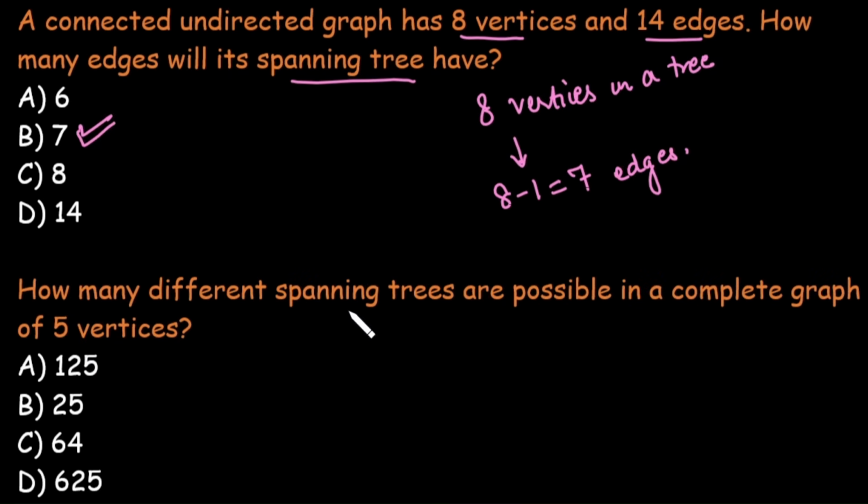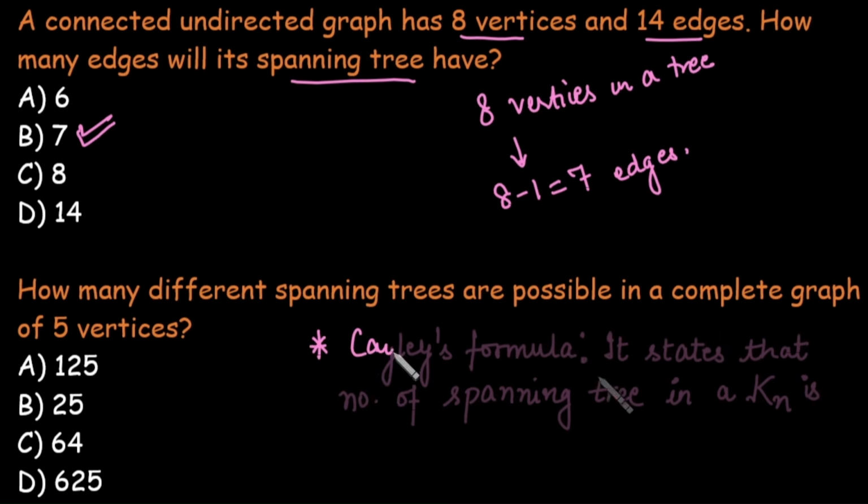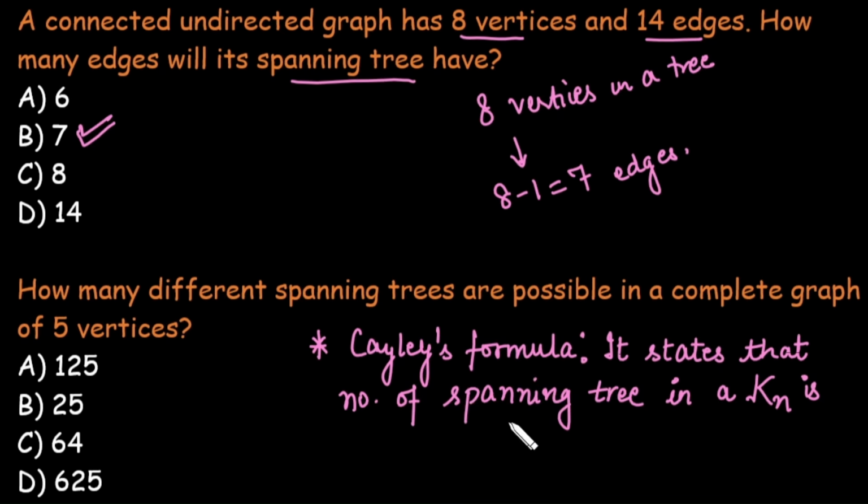How many different spanning trees are possible in a complete graph of 5 vertices? For this, there is basically one result that is called Cayley's formula. It states that the number of spanning trees in a complete graph Kn is always n raised to the power n minus 2.